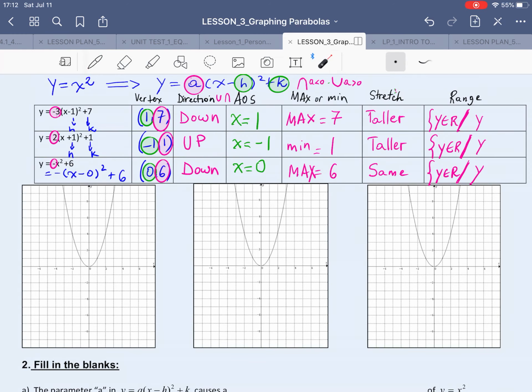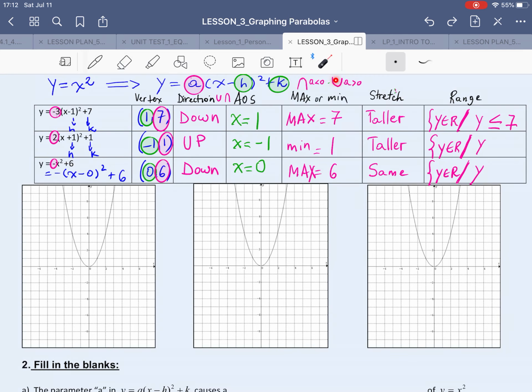So let's stop there and think again. If a parabola has a maximum, that means that will be the highest point. So where would the rest of the points be? Below it. That means less than or equal to the maximum. If a parabola has a minimum, like in the second equation, where would the rest of the points be?